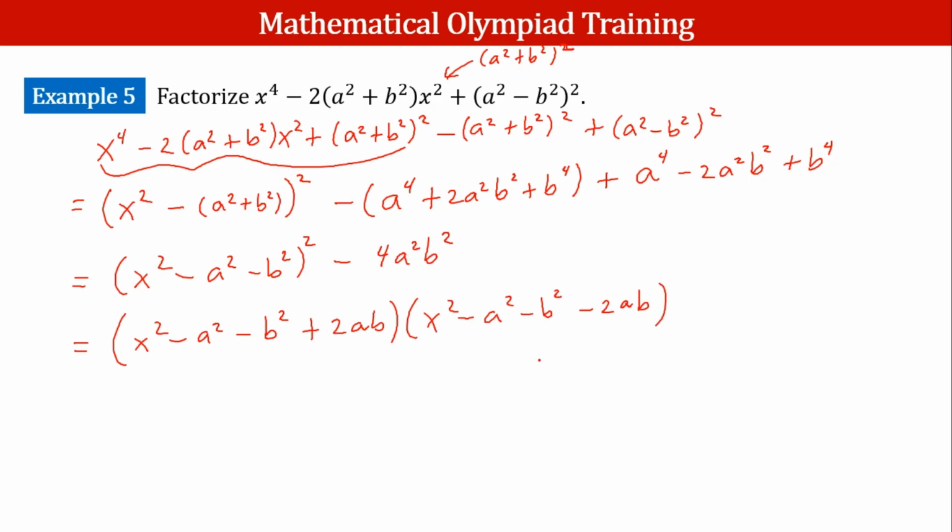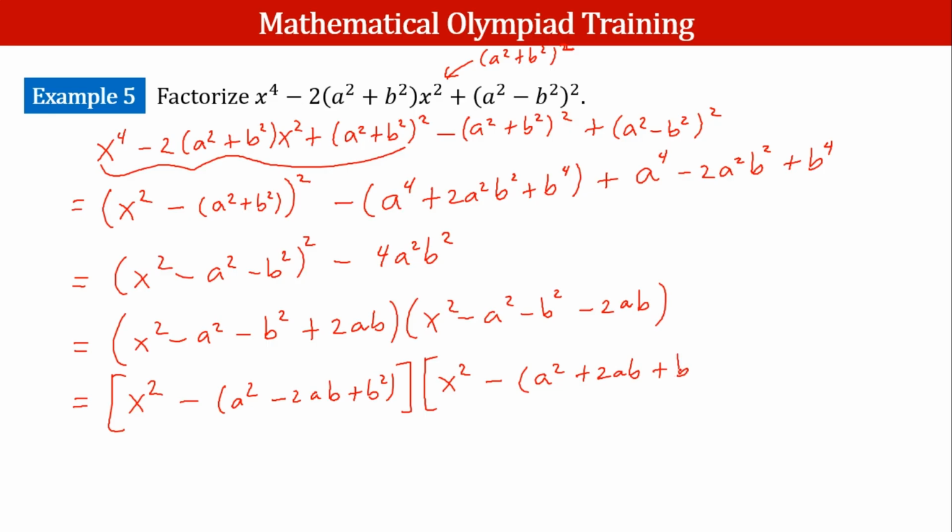Now, this is not yet the final answer, because if you rearrange the terms with a and b, we actually have a perfect square trinomial. Now, notice that we have x squared minus a squared minus 2ab plus b squared. And in the second group, we will have x squared minus a squared plus 2ab plus b squared, if you rearrange the terms.